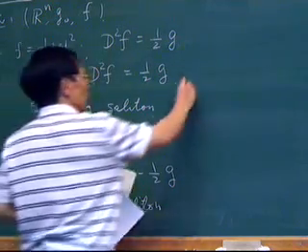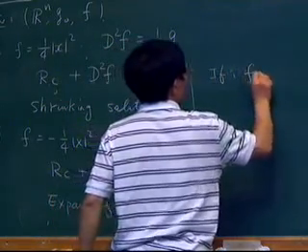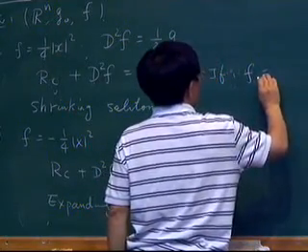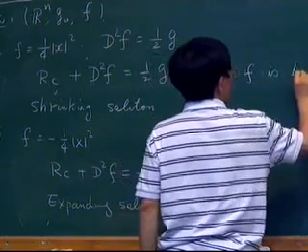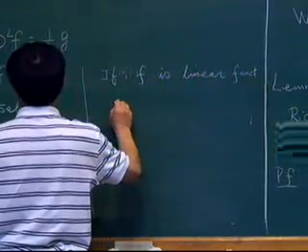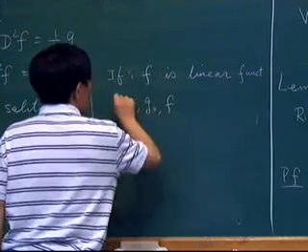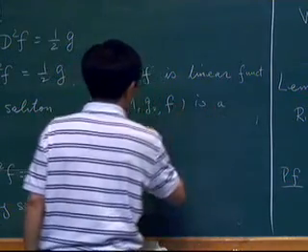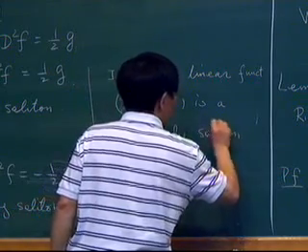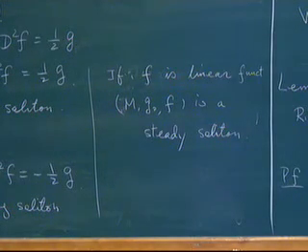So if f is a linear function, the metric is a static soliton. This is an important example.